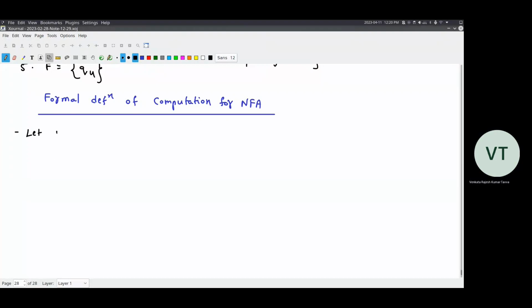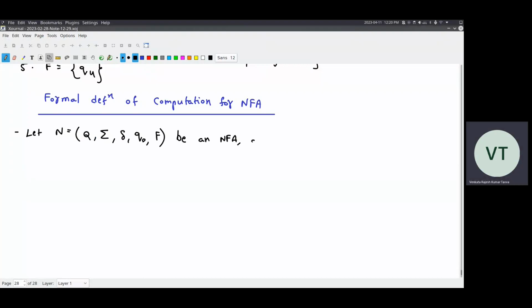Let N equal to (Q, sigma, delta, q0, F) be an NFA and omega a string over the alphabet sigma.